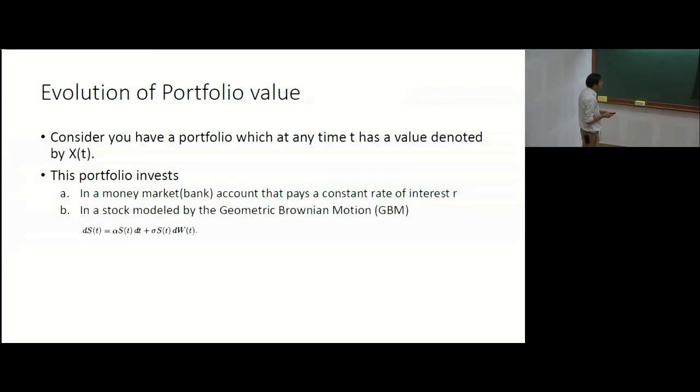So the stock that you are going to invest in, you assume follows this model, right? This is the geometric Brownian motion that we looked at earlier today and had derived the closed form solution to. So the stock grows at a rate alpha in expectation, and has a noise because we do not know what the stock is.